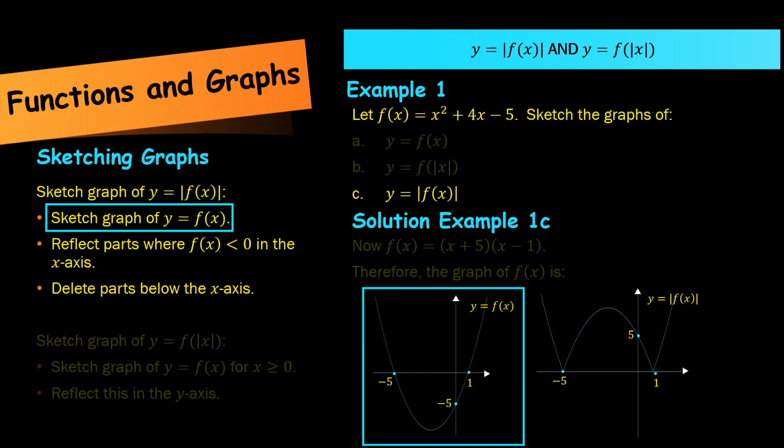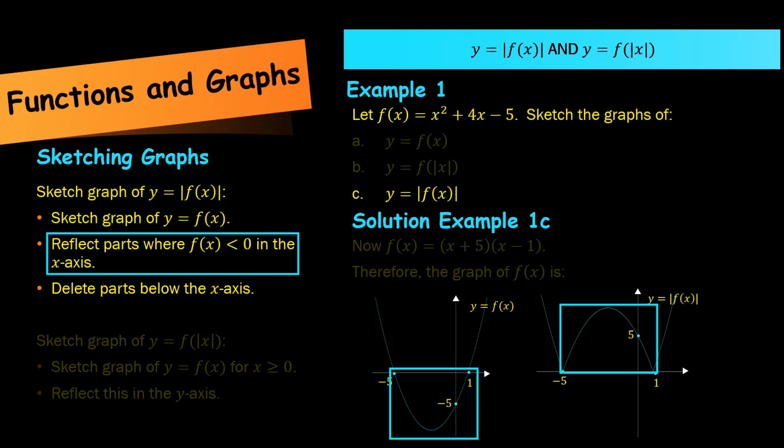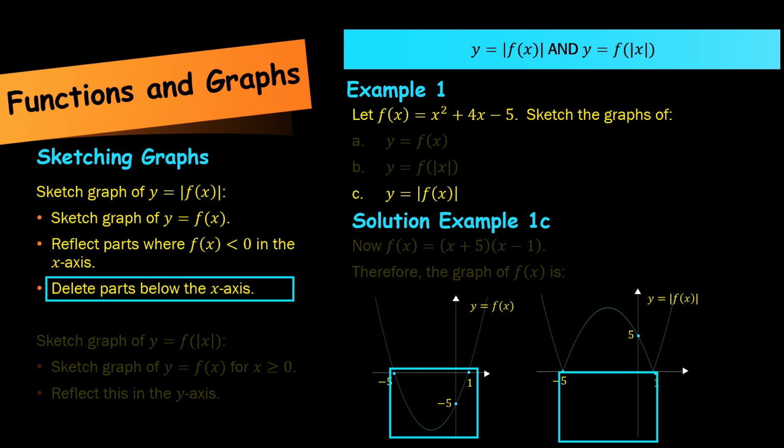So here's y equals f of x. And here's the part where we've reflected the bit below the x-axis in the x-axis. And of course we've deleted the parts below the x-axis.